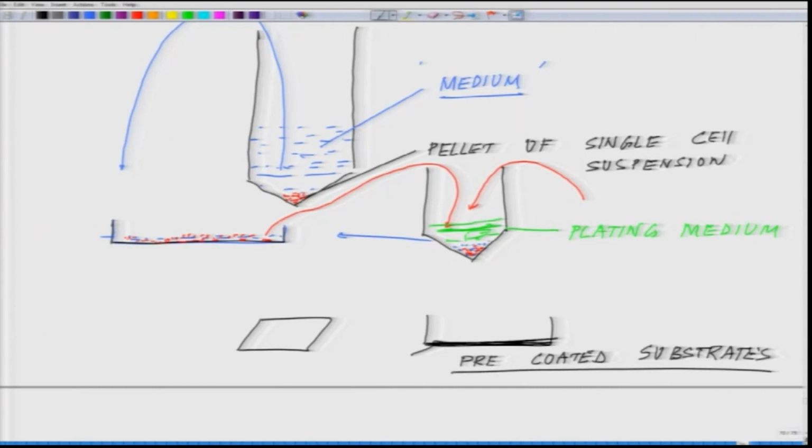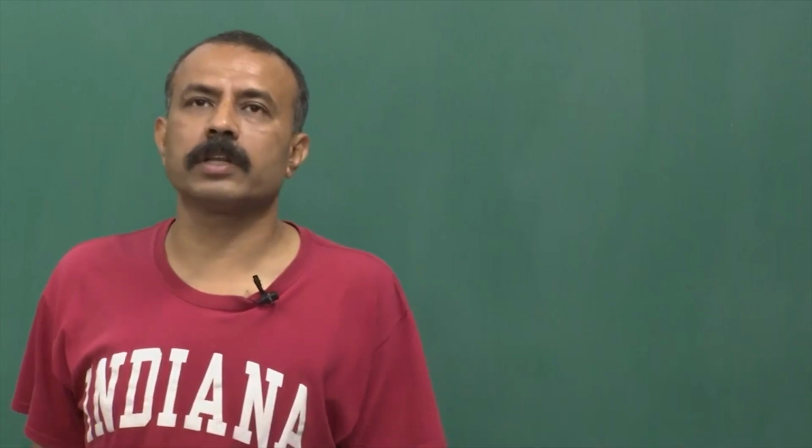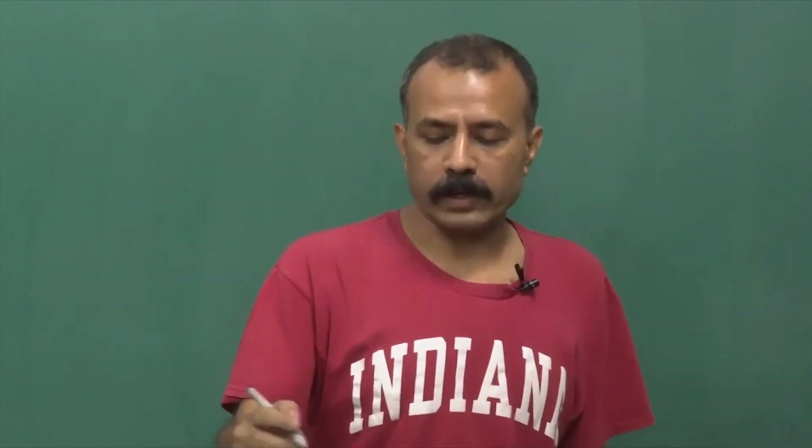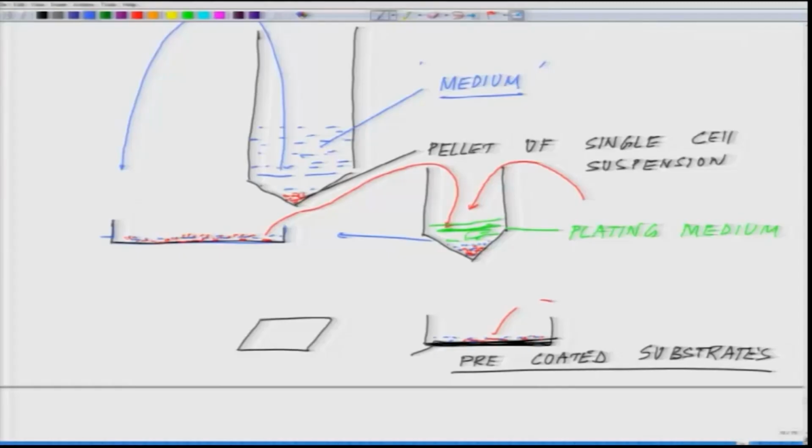On those pre-coated substrates, what you do, you put first a small amount of cell suspension, very small amount. You distribute it. Say for example, you have to coat 50 cover slips, or 12 cover slips or 6 cover slips. You divide. So, it is preferable that you resuspend it in say 1 to 2 ml of plating medium.